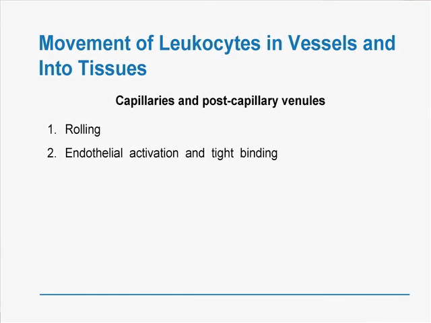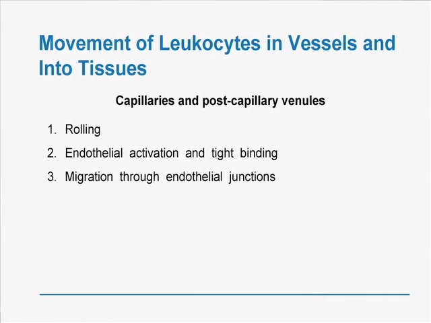And if there's a signal of injury that's significant enough, then the white blood cells will bind more tightly to those endothelial cells, and in binding more tightly will take the first step towards transmigration into the tissue, through these endothelial cell junctures.